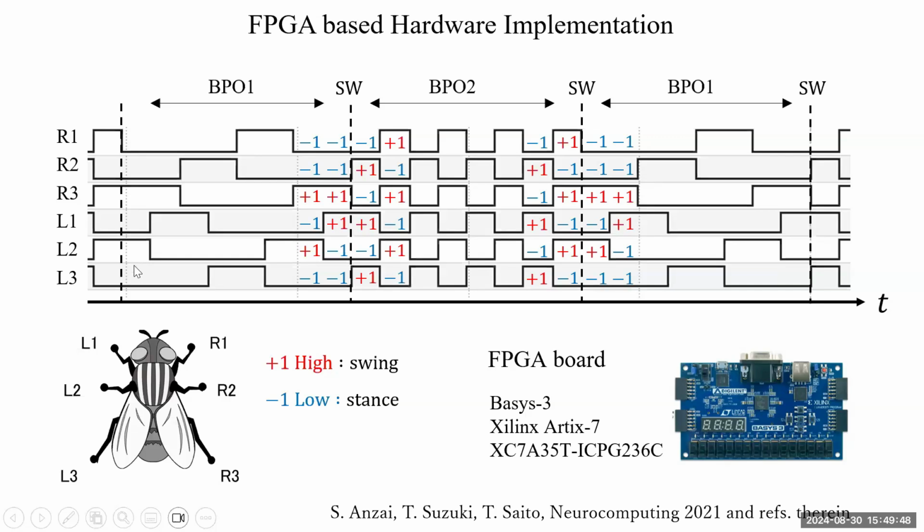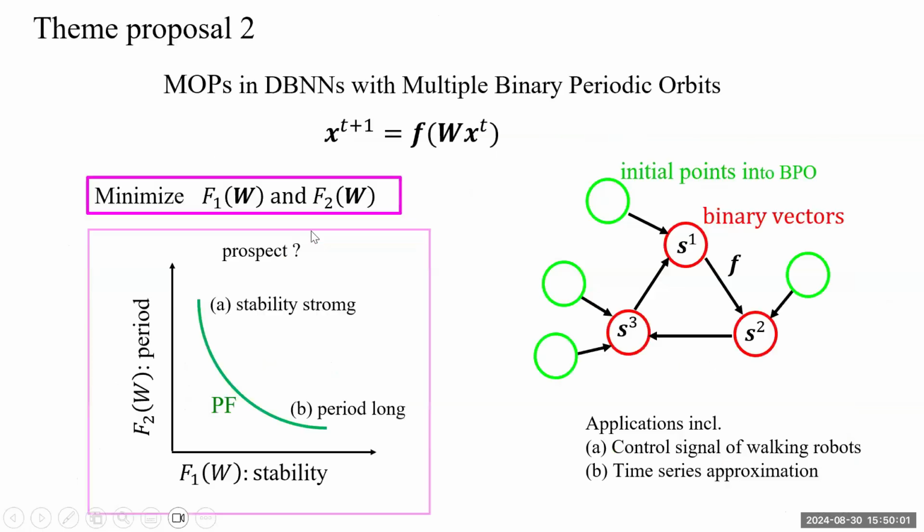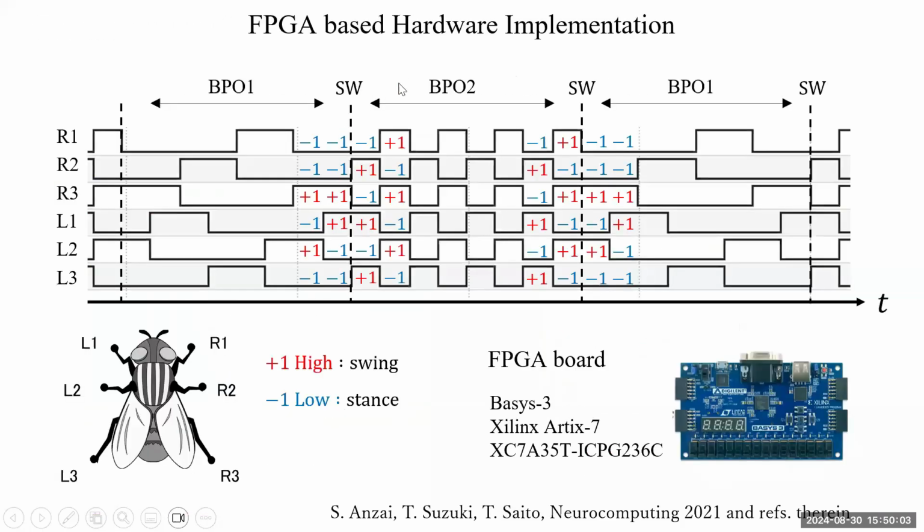And the 6 bits correspond to the 6 legs of the walking robot. Then the periodic orbit corresponds to a walking pattern. Here, the first walking pattern is switched into the second one and returns to the first one.